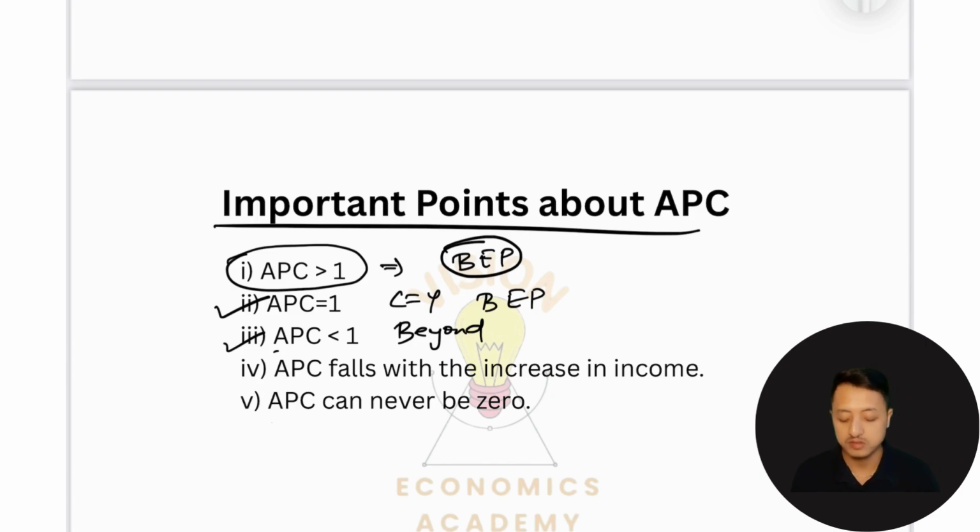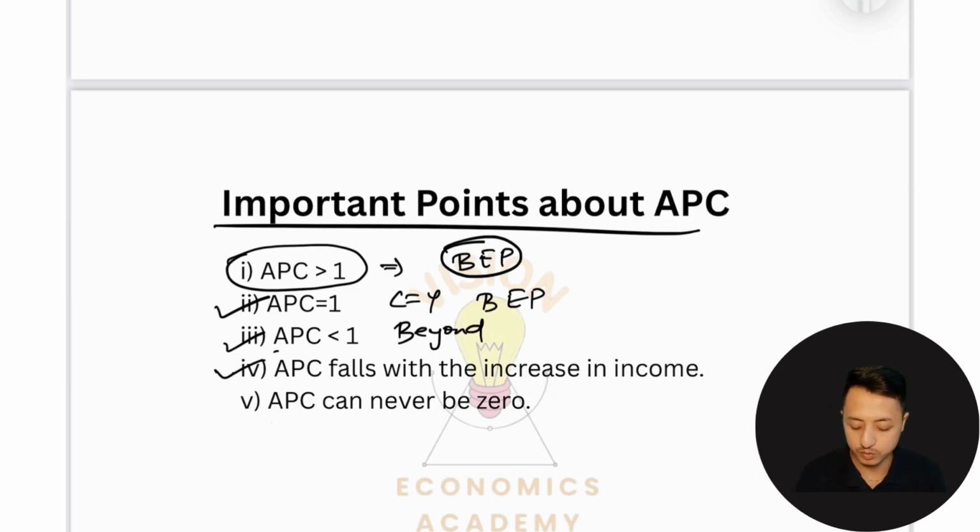And APC falls with the increase in income, right? So as your income increases, the proportion of income that you're consuming would get lesser and lesser, right? Even though the consumption might increase, the proportion might decrease.